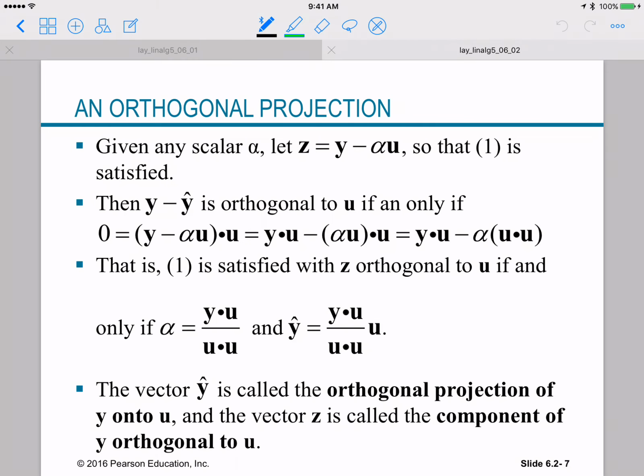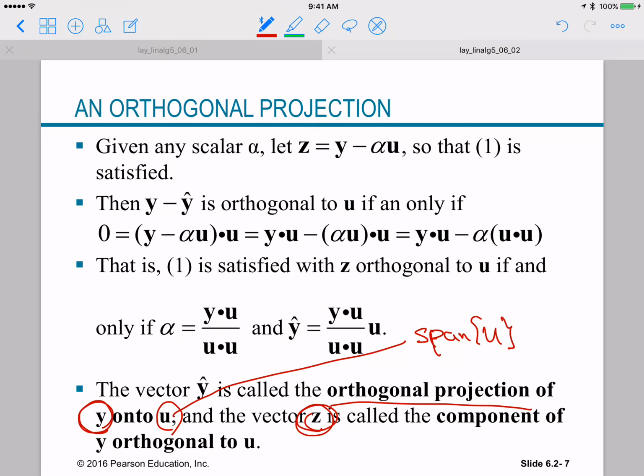So again, y hat is called the orthogonal projection of y onto u, or equivalently the span of u, if we have just one single basis vector u. And this c is called the component of y which is orthogonal to u, or the span of u.